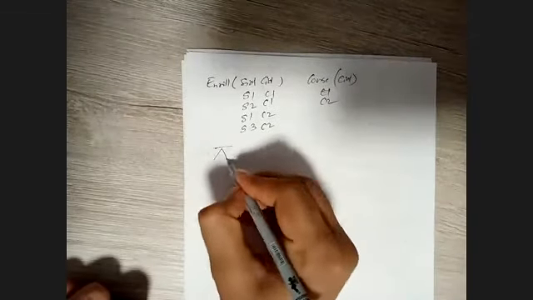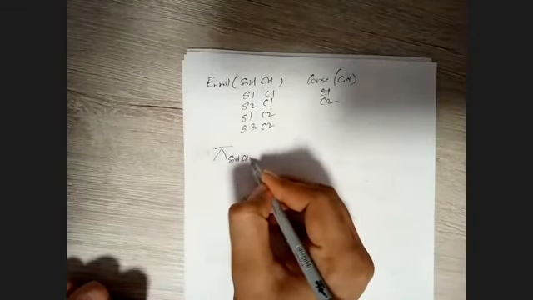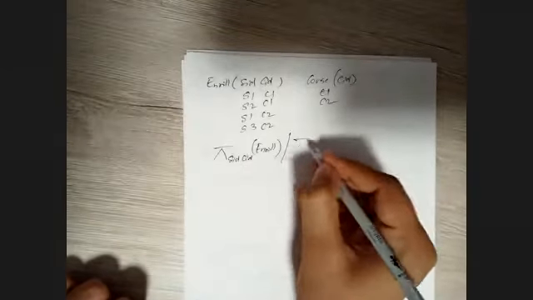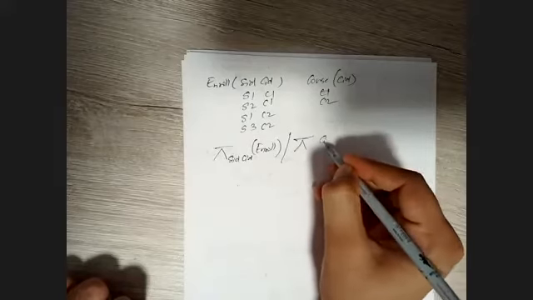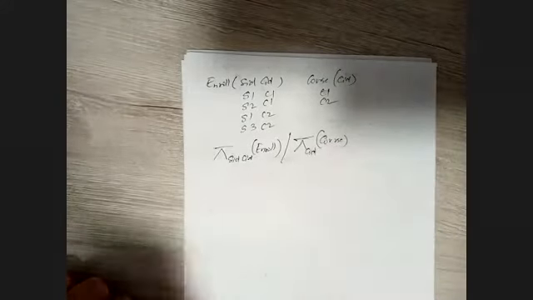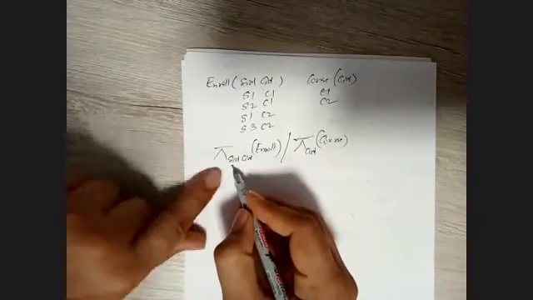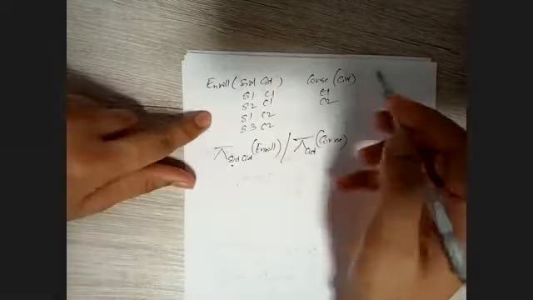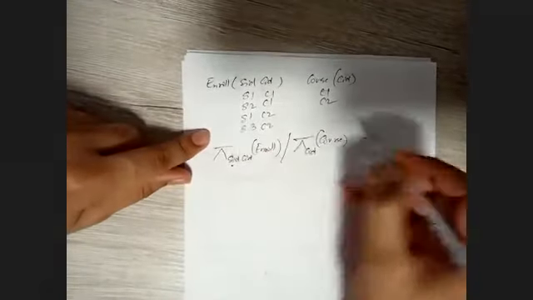Now we need to find the projection of SID, CID of enroll divided by the projection of course, with CID. So we need to project SID of those who are related with every course, C1 and C2.